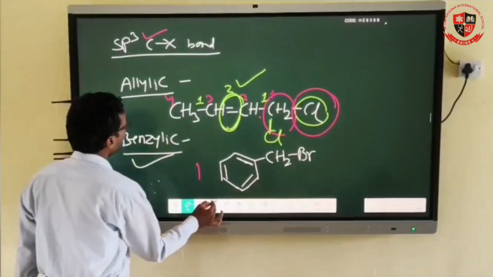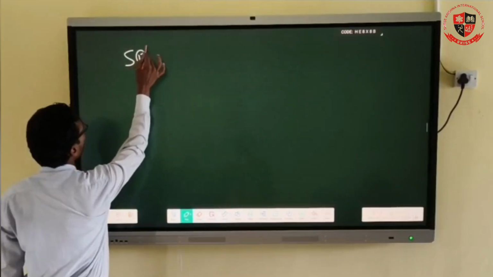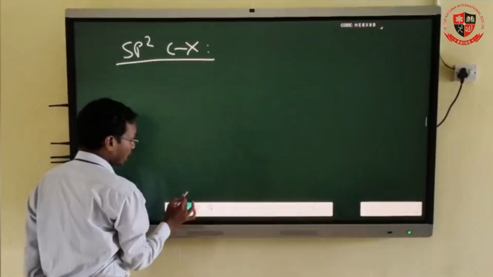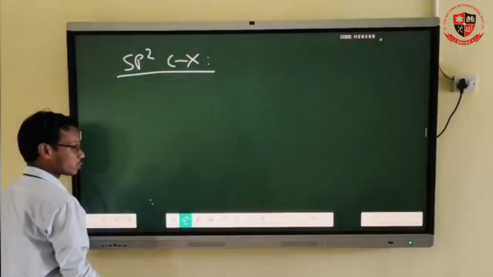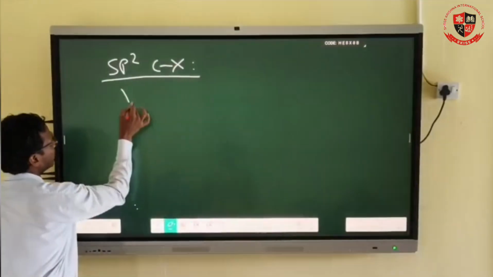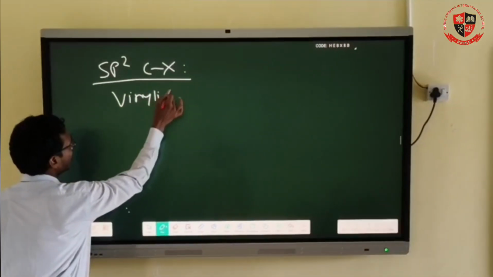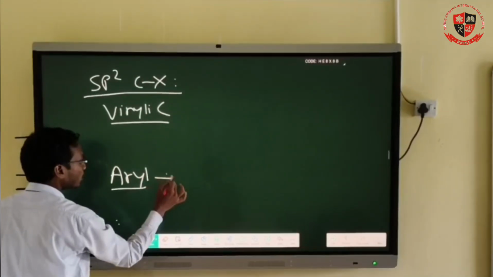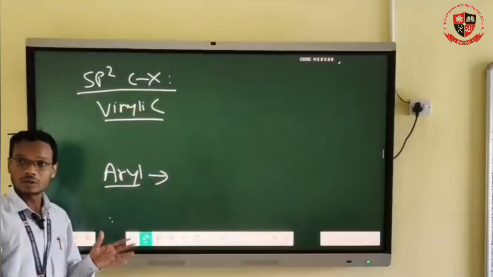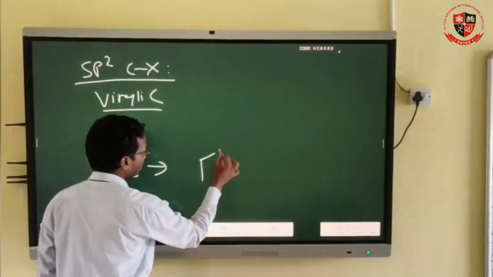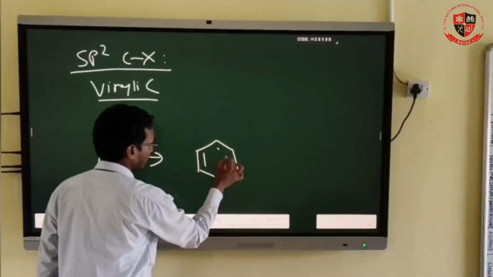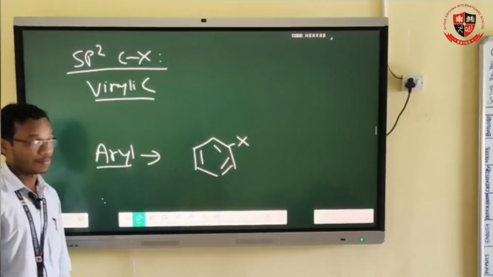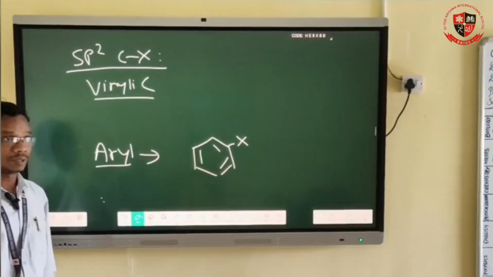Now come to the last, the sp2 C-X bond. In the sp2 C-X bond, again we find two categories: vinylic and aryl. First, consider aryl. Already you know aryl. What is aryl? Aryl means when benzene is directly linked with a halogen. But what is vinylic?